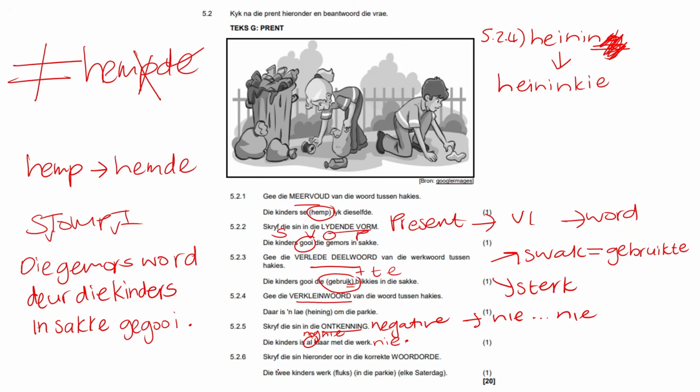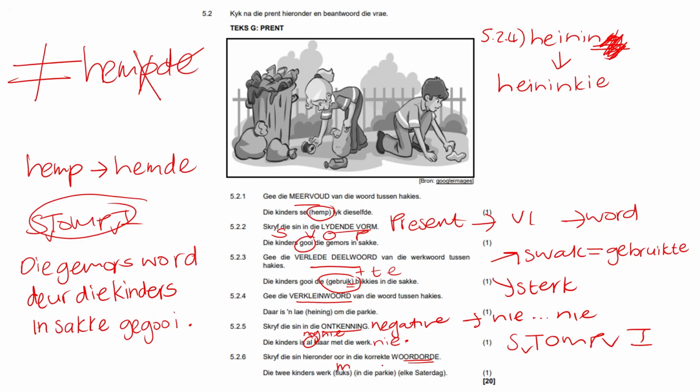Last one. Skryf die sin hieronder oor in die korrekte woordorde. What is woordorde? Stompie. So literally, just make sure that it's in this exact order. So, die twee kinders werk fliks in die parkie elke Saterdag. Okay, fliks, that is fast, so that is manner.